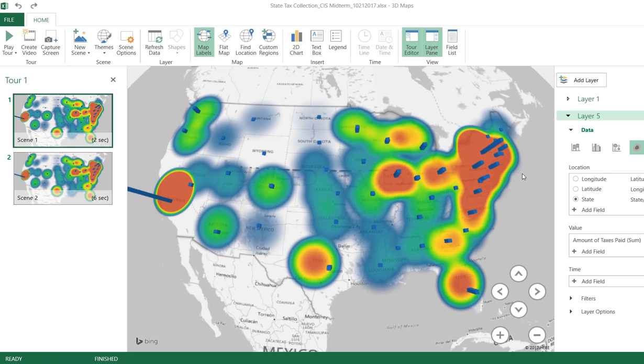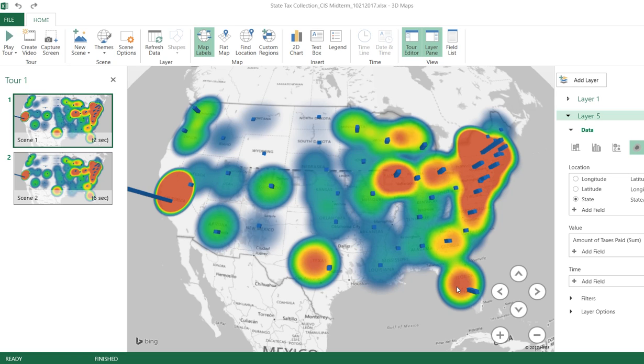So I guess the major states are on the East Coast and West Coast; the economy and the population are very concentrated there. It was interesting that Florida has a lot of taxes to be collected too.